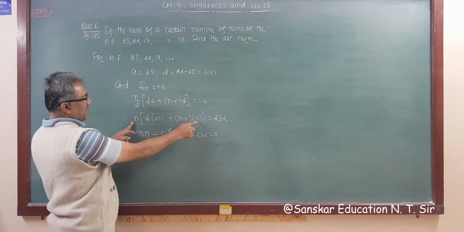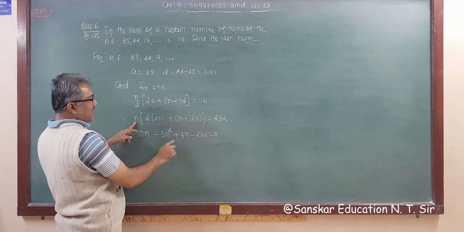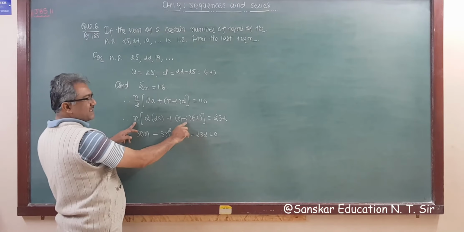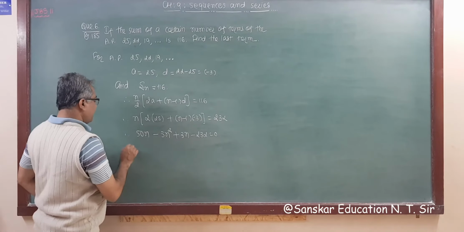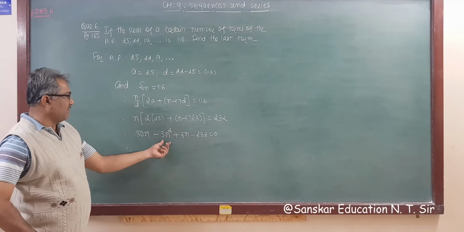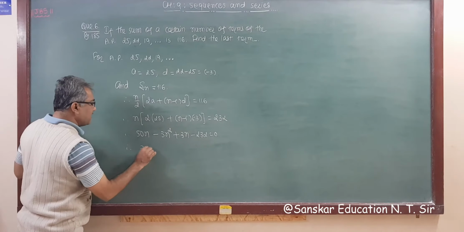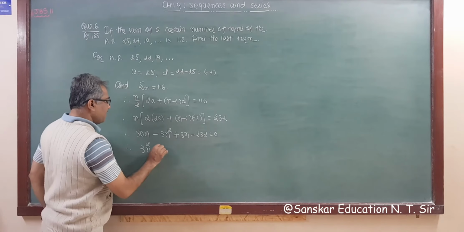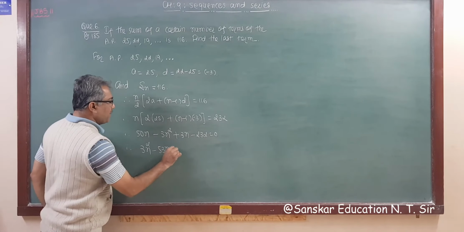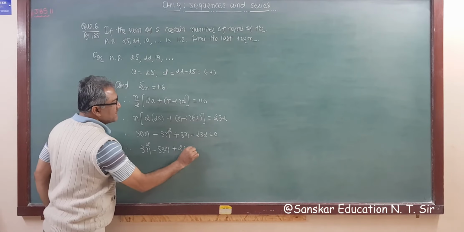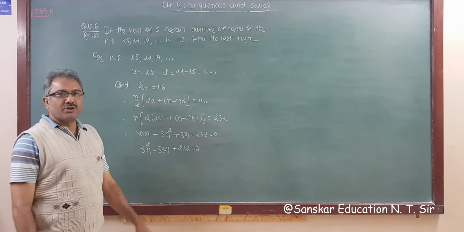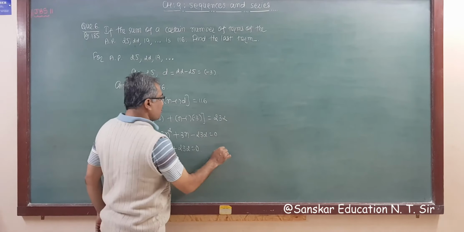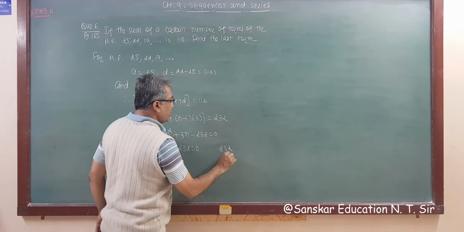See, multiply by minus 3n into n, so minus 3n square, minus minus plus 3 into n is 3n, right? So taking minus common from here, what we get? 3n square minus 53n plus 232 is equal to 0. So we have to split it out, 232, right?